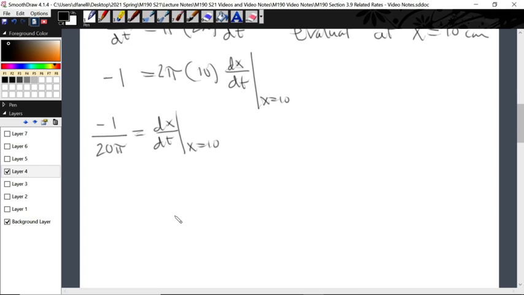What are the units of measurement going to be? x is being measured in centimeters and t is being measured in seconds.